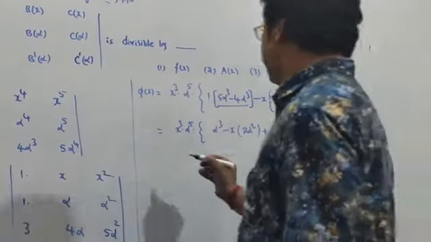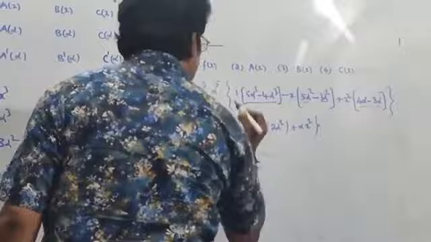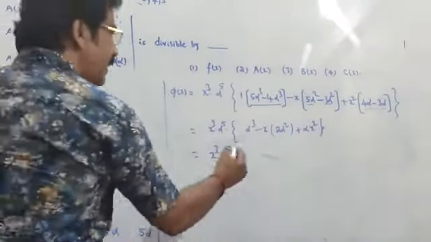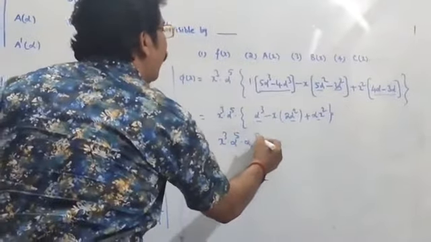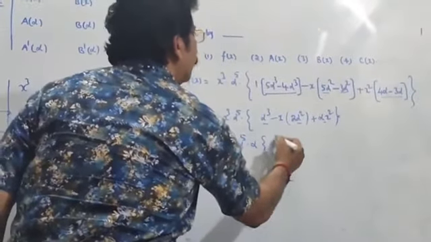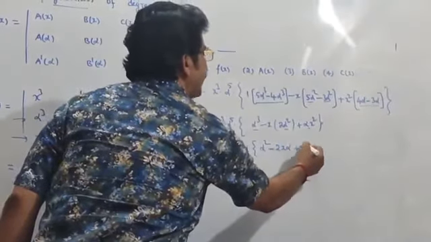So that is equal to x cubed into alpha to the power of 5. Again we can take the common alpha in this bracket, alpha into alpha square minus 2x alpha plus x square.